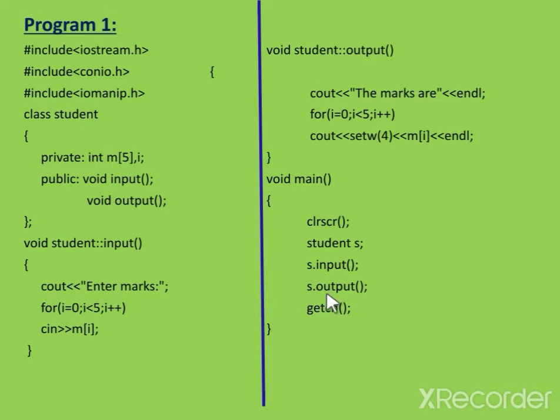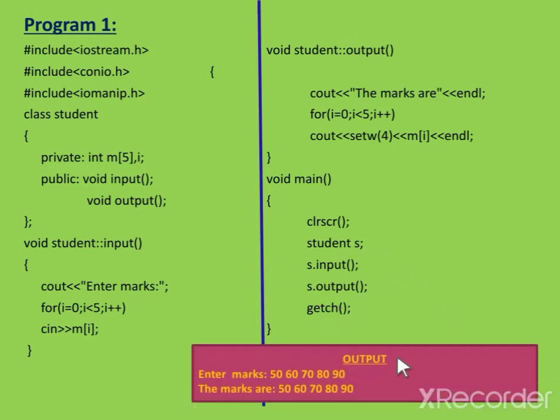So member functions of a class can be accessed only by an object of that class. Next, see the output of this program. Enter marks 50, 60, 70, 80, 90. After setting the width for the field, marks will be displayed like this: 50, 60, 70, 80, 90 in a systematic manner.